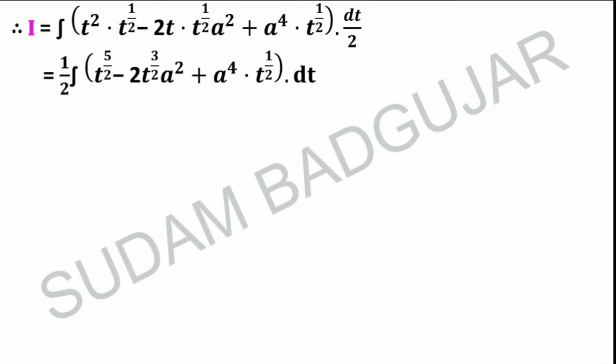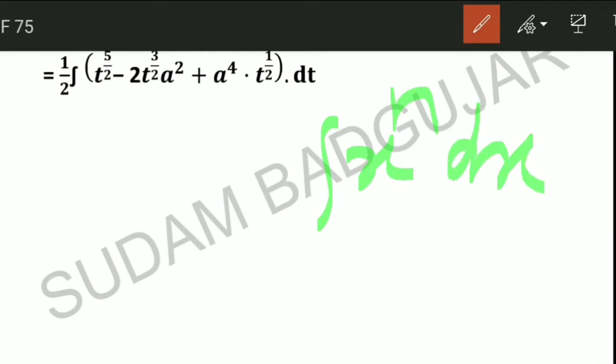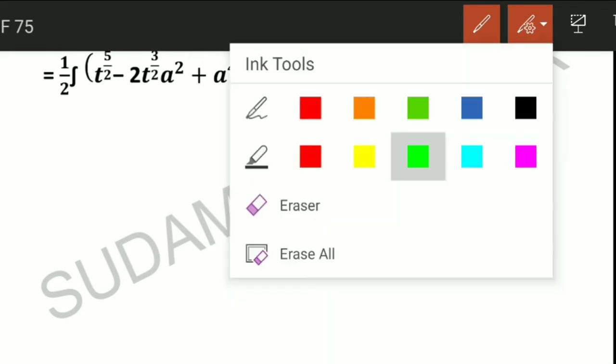Now take separate integrations, because it is standard form, where all the functions are in the form of integration of x raised to n. So you can take separate integration.